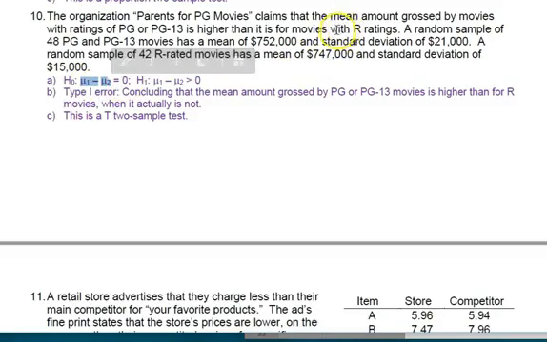And since the claim is that it's higher for the PG or PG-13, that means we're going to make this a greater than. A type 1 error would be concluding that the claim is true when it really isn't. And since we've got two different samples, we're talking about two different means here. That means in StatCrunch we would use T-stats 2 sample.